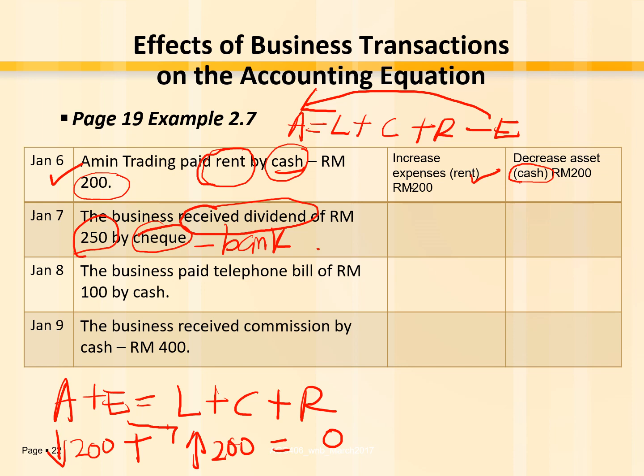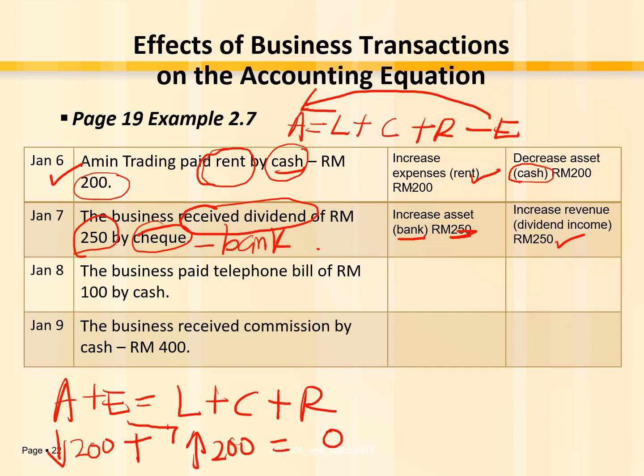So, macam mana dia record dalam the effect? The effect will be the increase in asset which is the bank sebanyak 250. And then at the same time, dia akan increase the revenue, which is the dividend income, by 250. Okay, so this one, faham ya?